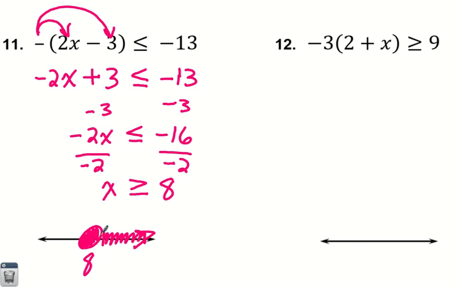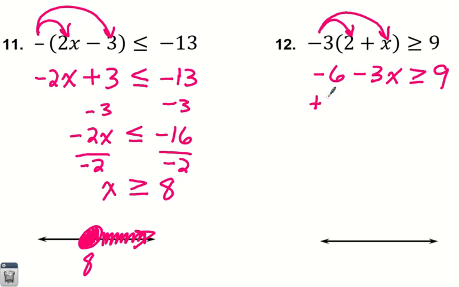Last one, I believe. Once again, we have to first clear the parentheses with the distributive property. So -3 times 2 is -6. -3 times a positive x is -3x. Everything else stays, and of course, just nothing new. And that's going to still be a -3x, and we keep it a greater than or equal to.